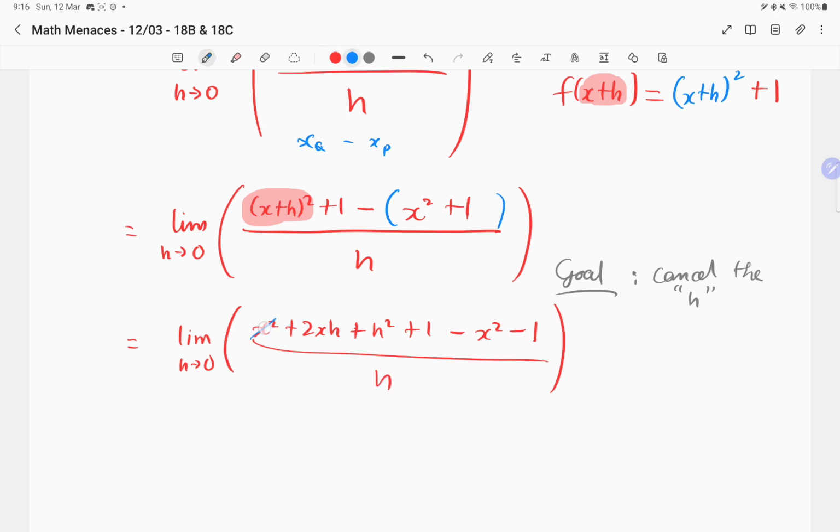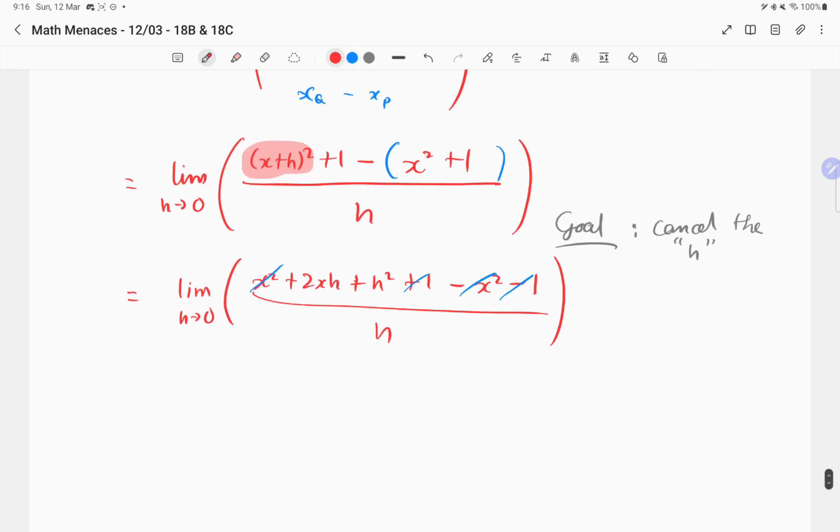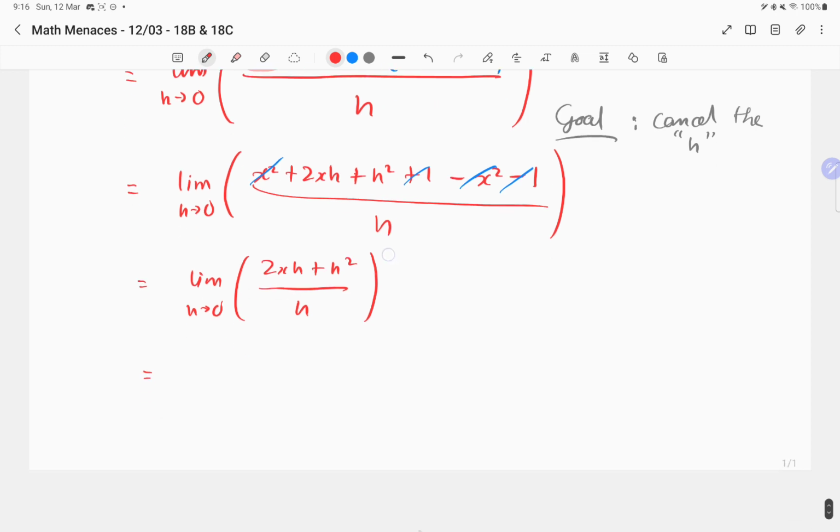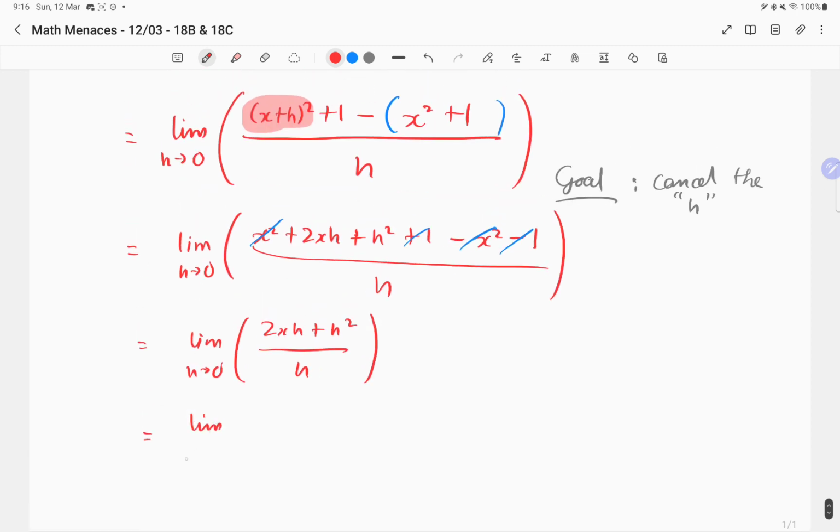So looking at this one, you see the x squared cancel each other out, and the 1 cancels each other out, which means it's just lim of h to 0 of 2xh plus h squared over h. Right, and that would be lim of h to 0 of 2x plus h.